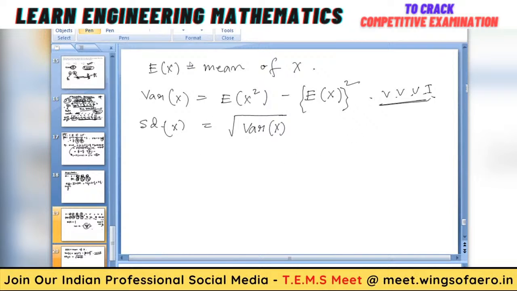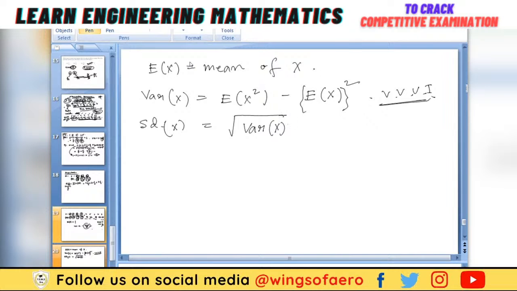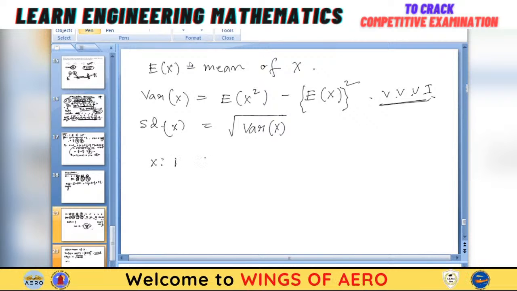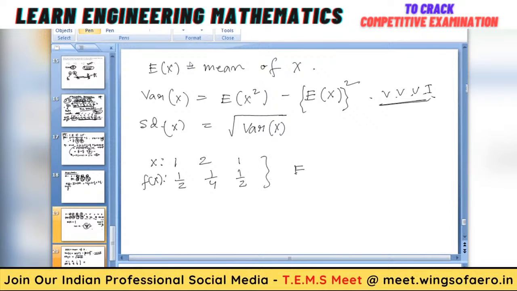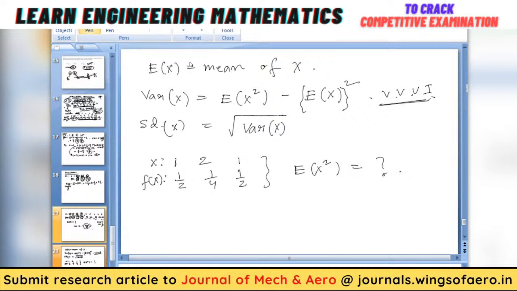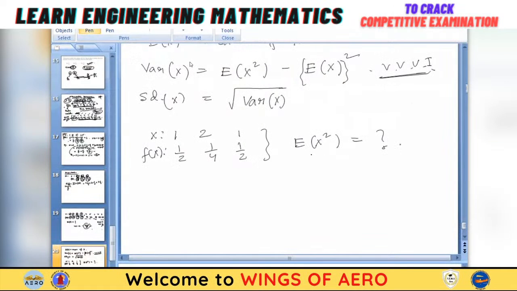Now, how can you find out expectation of X square? I am giving you a simple example: x is 1, 2, 1 and fx is 1 by 2, 1 by 4, 1 by 2. Can you find out expectation of X square? By using the formula of expectation of X, what is the formula of expectation of X square?